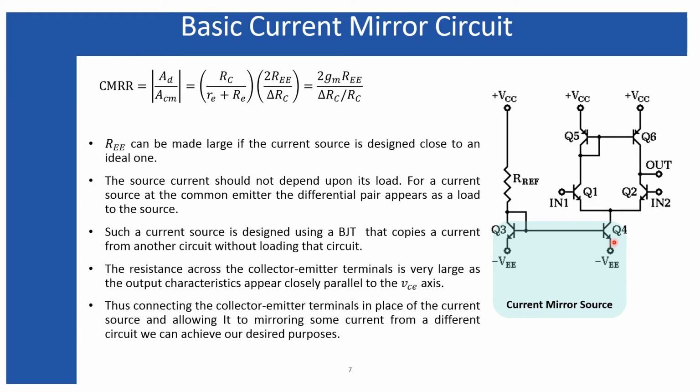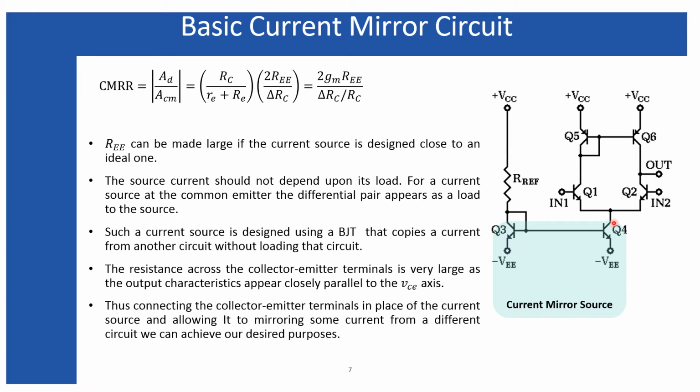In a similar way, whenever you are going to design a current source using a bipolar junction transistor, that current source must be designed in such a way that the desired current is copied from another circuit. So this is the other circuit from where the current will be copied, and the condition is that the current provided by this transistor Q4 must not depend upon its own load.